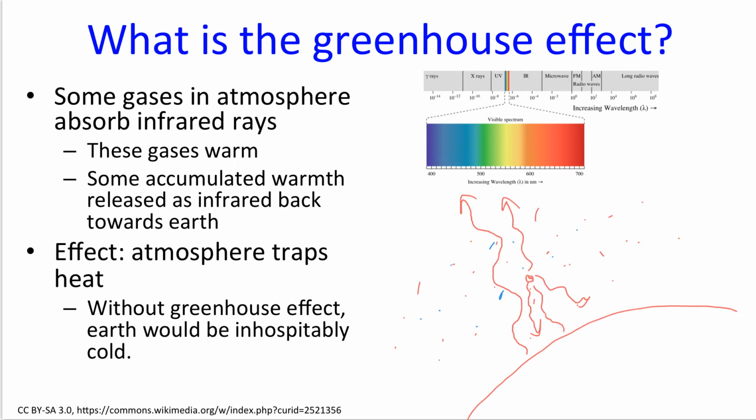So if somebody tells you that the greenhouse effect is bad, you can correct them and say that, at least within some range, it's a good thing. However, it's not a good thing necessarily at all levels, because we do like some of the energy to escape back into space. Otherwise, the Earth would become inhospitably hot, which is also not ideal.